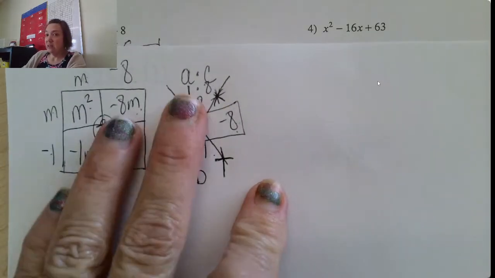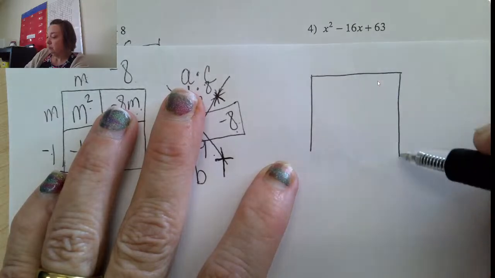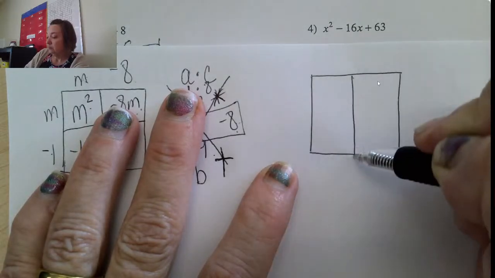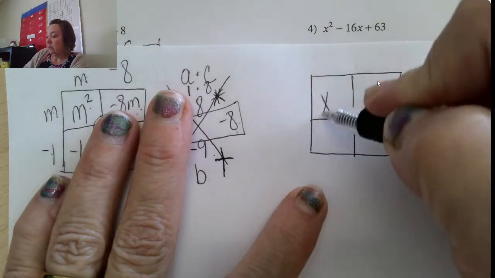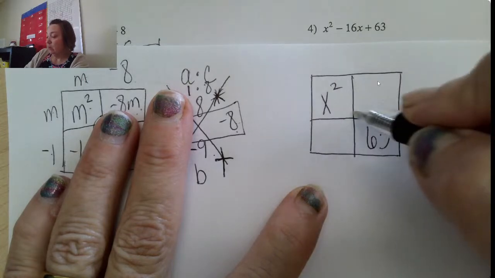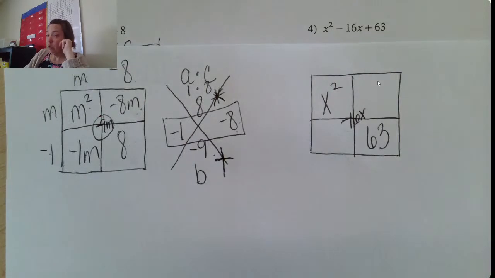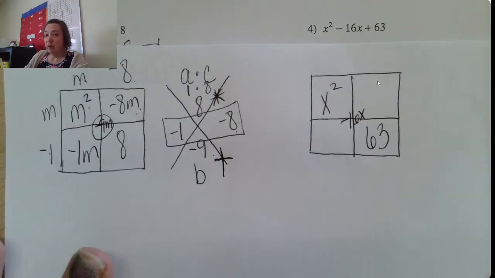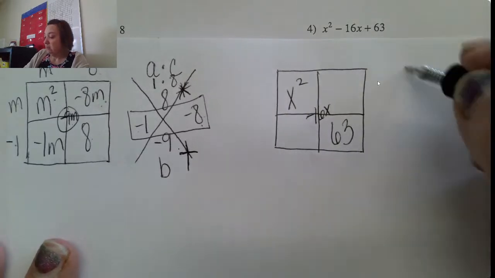Okay, so let's look at this number 4. We're going to sketch up our box. Right? X squared is going to go here. 63 is going to go here. This in the middle, we get negative 16x, but we need to know what those two pieces are. So to figure out what those two pieces are, we're going to build our x.